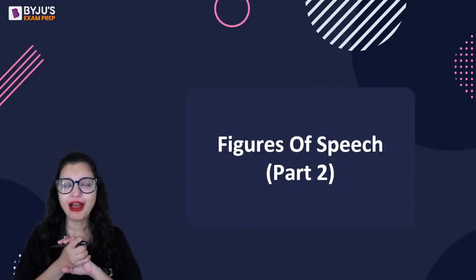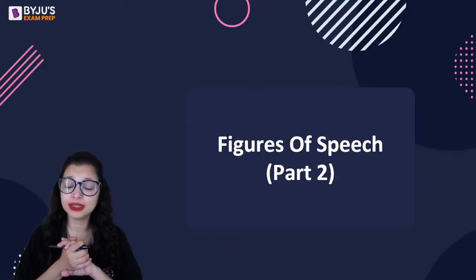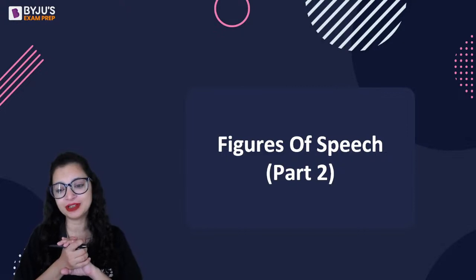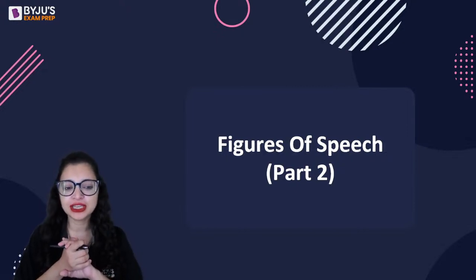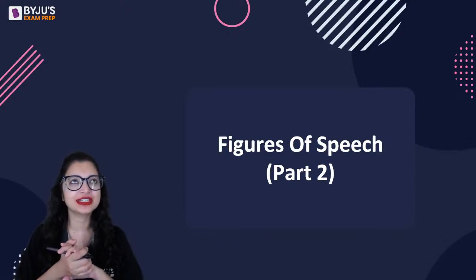So we did part 1 of figures of speech. This is part 2, and I'm going to be introducing you to some uncommon ones. I wouldn't call them uncommon. For you, they may be uncommon figures of speech, but they can come in the exam, so in that way they are not uncommon. If you have not seen part 1 of figures of speech yet, make sure you revisit that class.